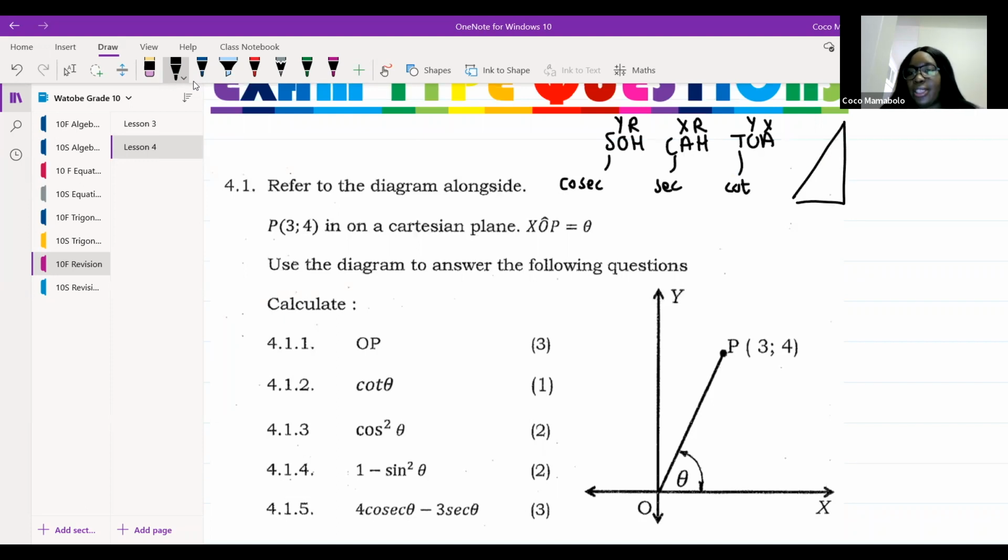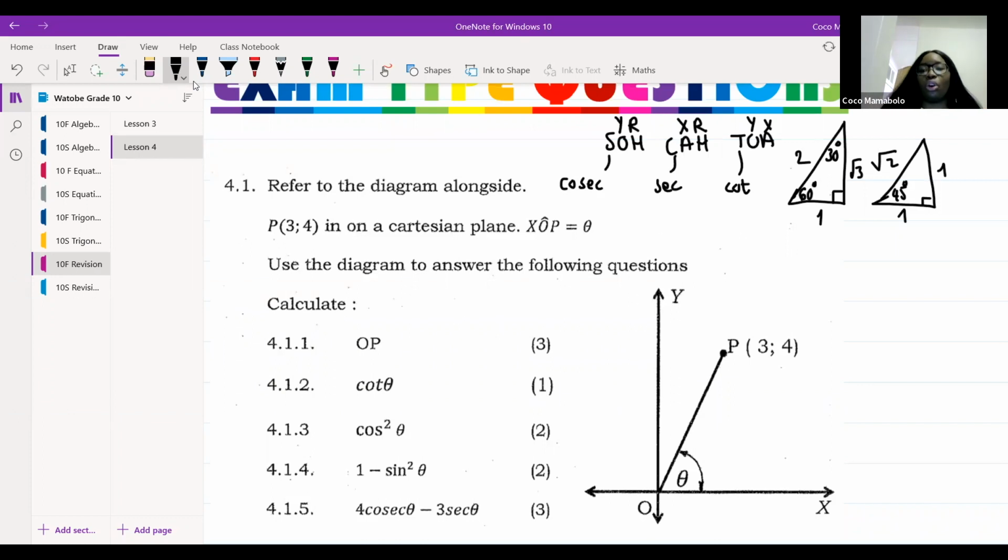I'm going to draw my 30-60 triangle, and I'm going to draw my 45. This is 45, with sides 1, 1, square root 2. And then over here, this is 60 degrees, with sides 1, 2, square root 3. And if this is 60 degrees, this one up here is going to be 30 degrees.